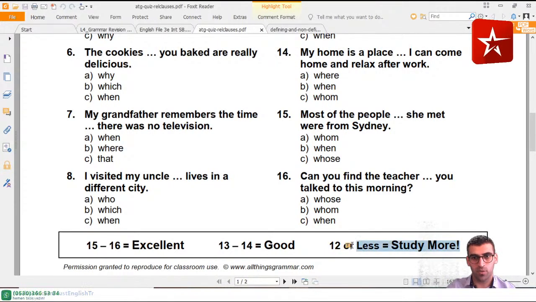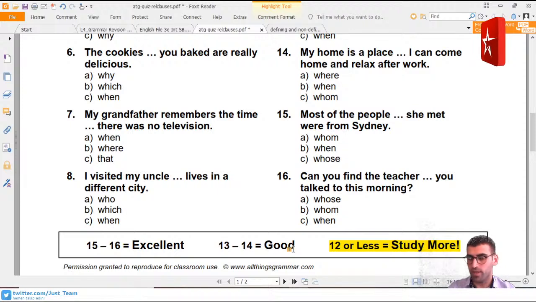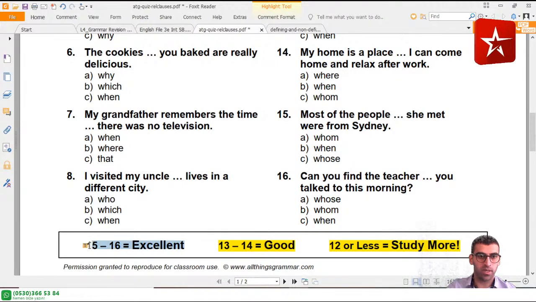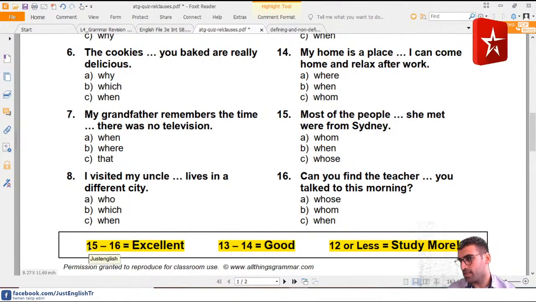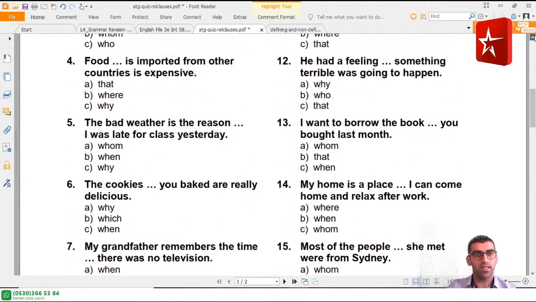If you answered 12 or less than 12, you should study more. If you answered 13 and 14, it means you are good. But if you answered correctly 15 and 16, yes, you are excellent. Okay, and let's start.